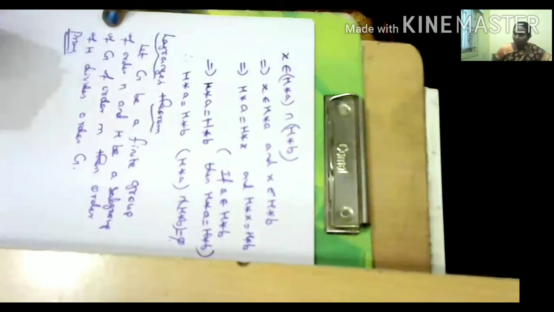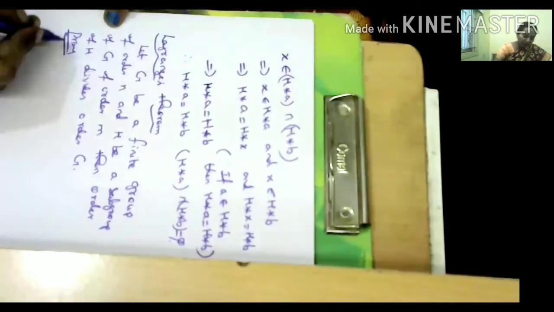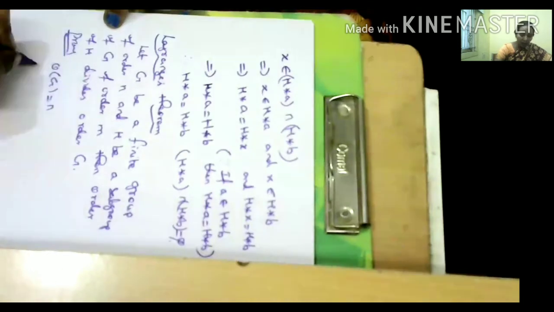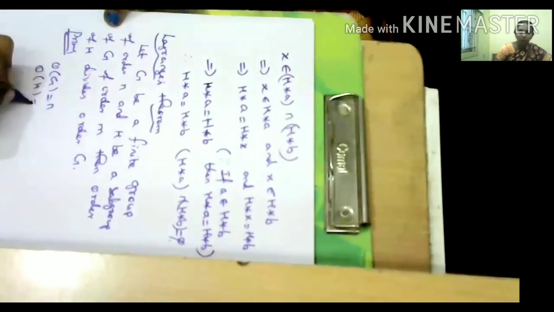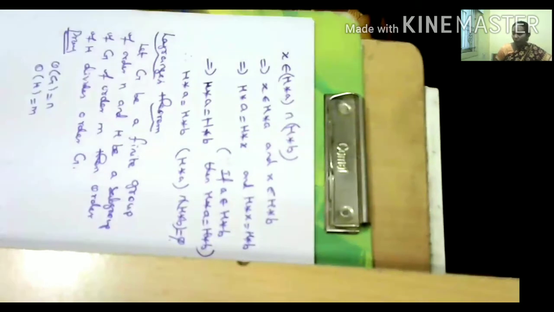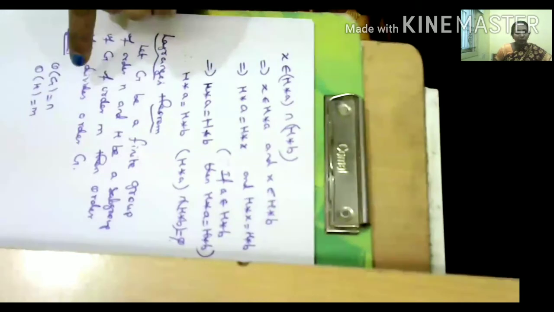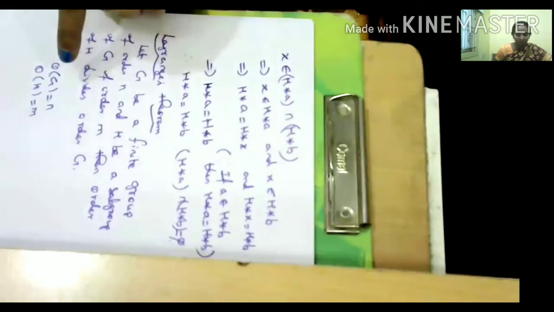Given that the order of G is equal to n and the order of H is equal to m. H is a subgroup of G, which means we can find the right cosets and left cosets of H in G. Just consider them as right cosets.